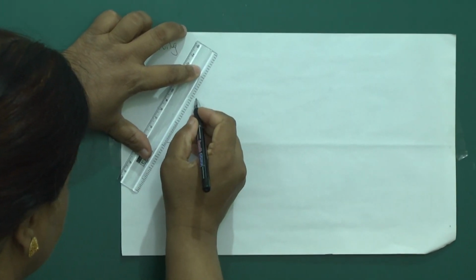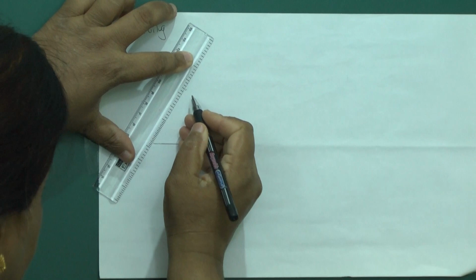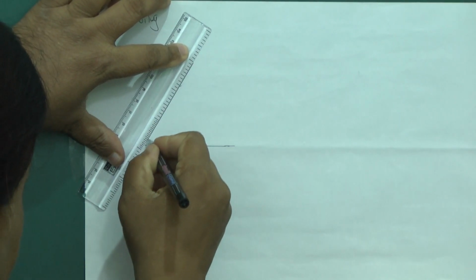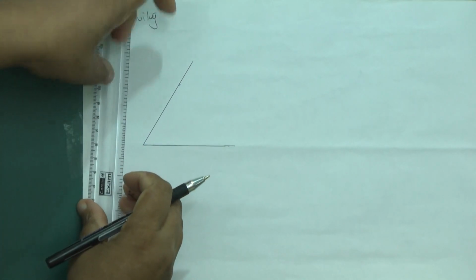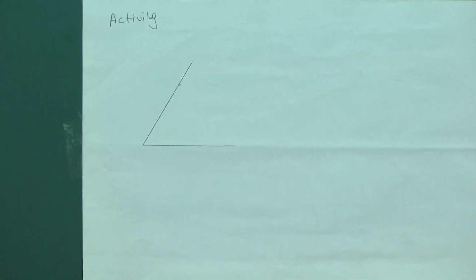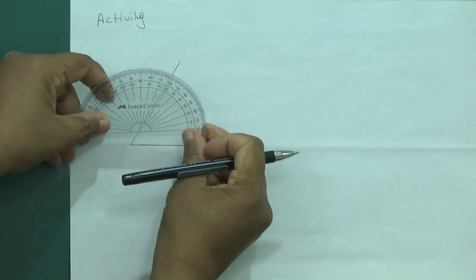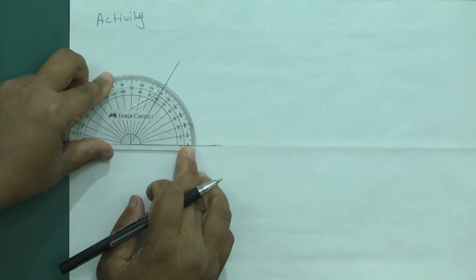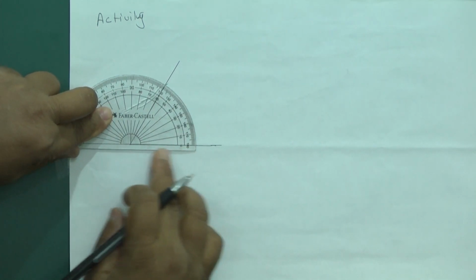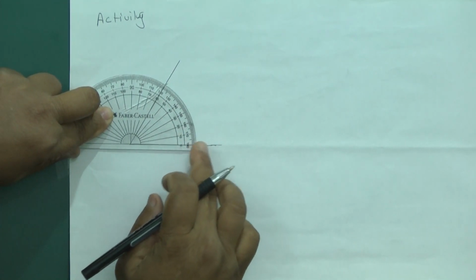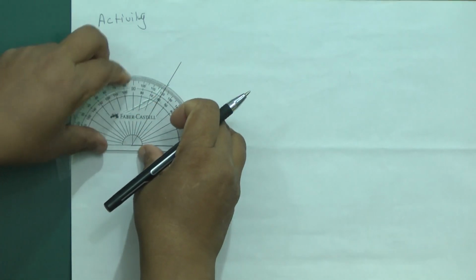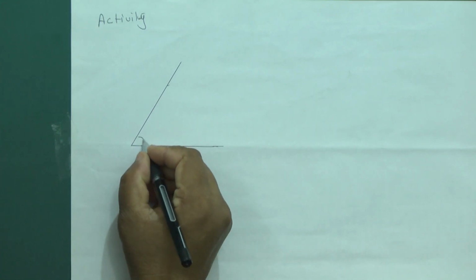Now join it. So this angle is of 60 degree, children. Let us check it. Yes, exactly. See, its initial arm is coinciding with this and the final arm is here. So we have got a 60 degree angle.